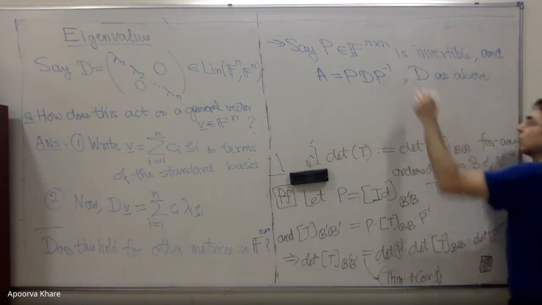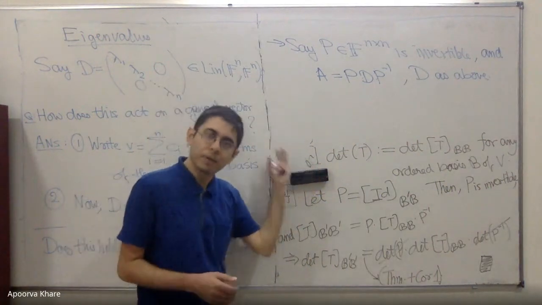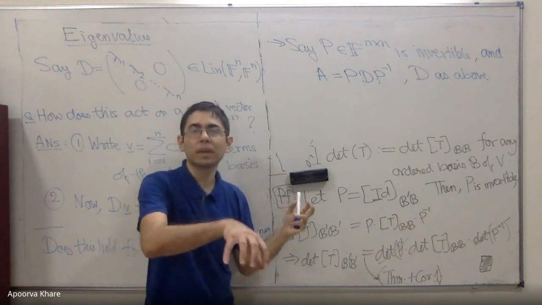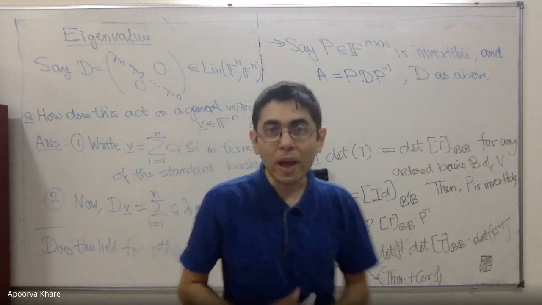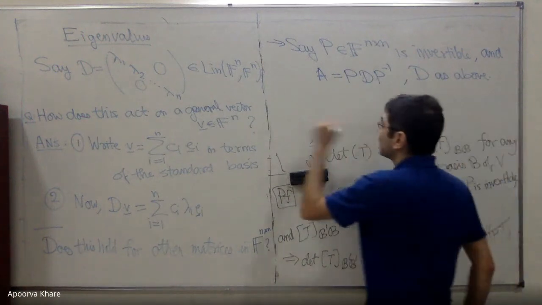So D is a diagonal matrix, and I'm just taking what is called the conjugate of it, pre-multiplied by some invertible matrix, post-multiplied by the inverse of that. Now I can do the same thing as well.